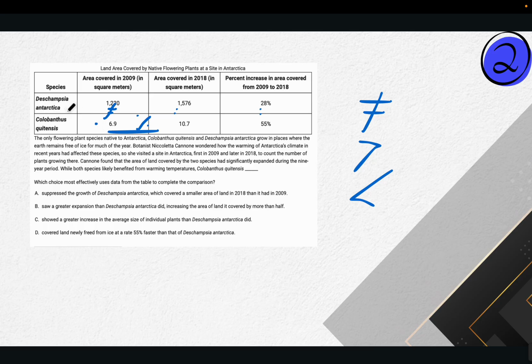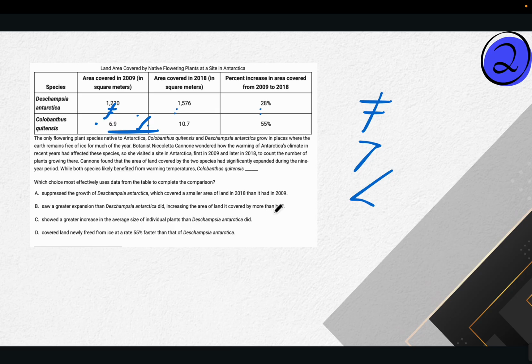Sorry for the wrong pronunciation, it's scientific and hard. The table shows the area covered by these two plant species at a site in Antarctica, and according to the table, Colobanthus quitensis increased the area it covered by 55% compared to the other one.